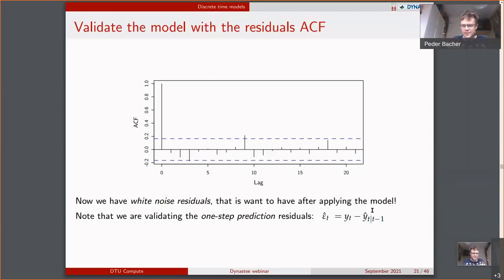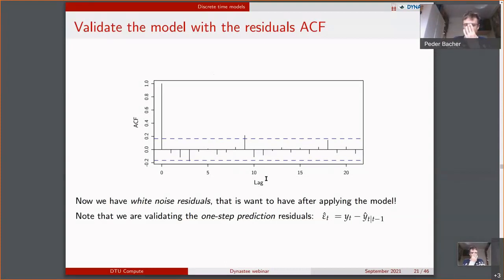This is the notation we use: the prediction, with a hat over the output variable at time t, given information up to time t minus 1. That's the residual we are analyzing. Our models do a one-step prediction and are fitted to that.